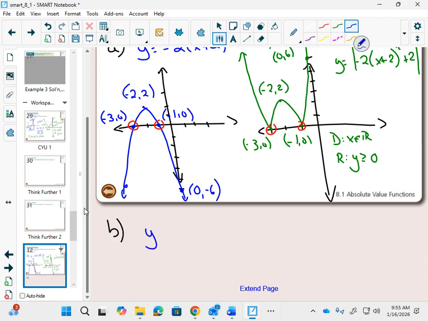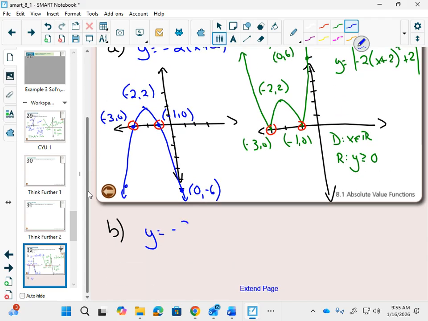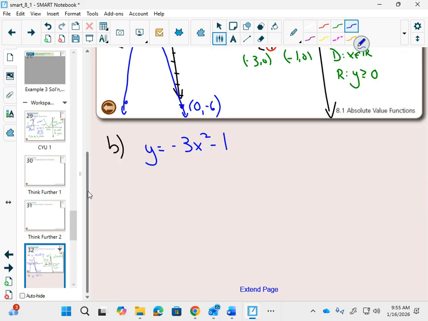Again, first, in blue, I'm going to graph the inside, which is negative 3x squared minus 1. What is the vertex of negative 3x squared minus 1? Is it in standard form? Do we have to complete the square? It is ready to go. Sometimes it's hard when there's just an x squared to realize that your vertex is at 0.